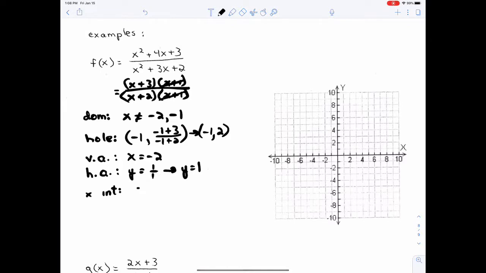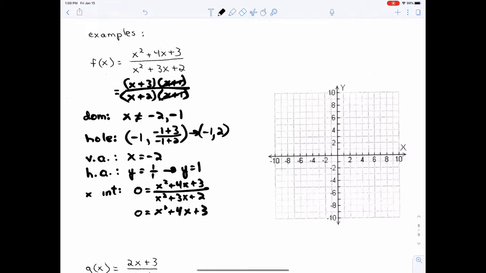Okay? So we have x squared plus 4x plus 3 all over x squared plus 3x plus 2. Okay, we have a fraction. Multiply both sides by the common denominator and get rid of fractions, and you have 0 equals x squared plus 4x plus 3.